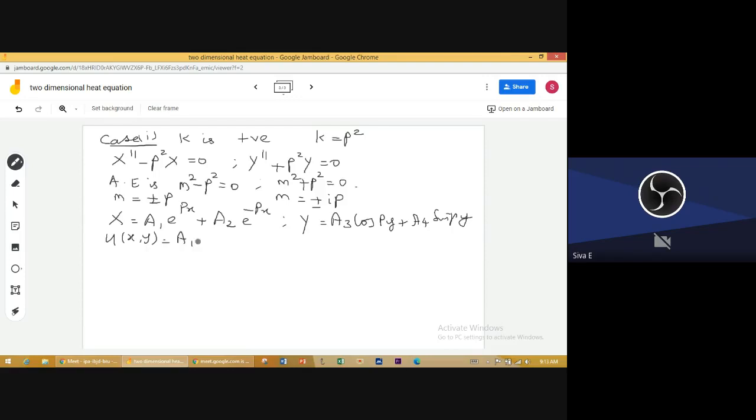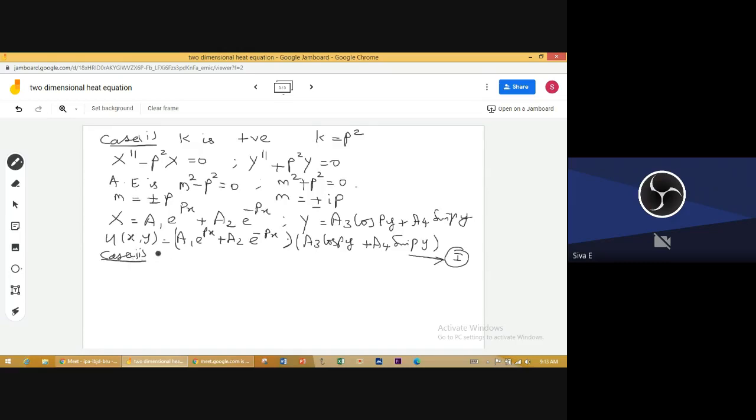So u of x comma y equals a1 e power px plus a2 e power minus px, times a3 cos py plus a4 sin py. This is the first possible solution.